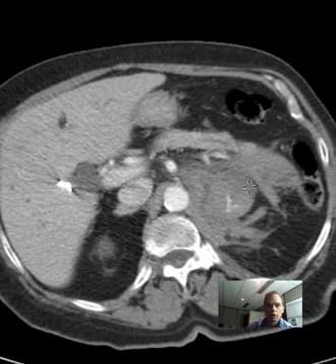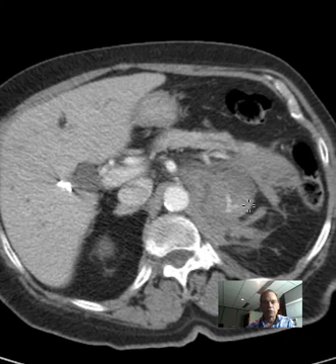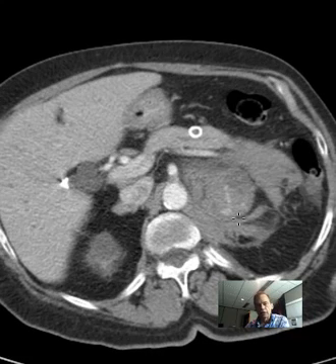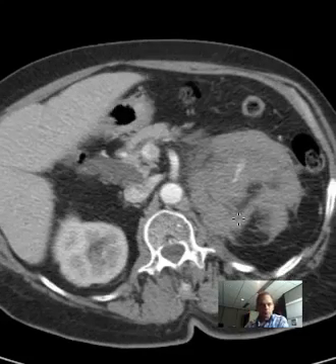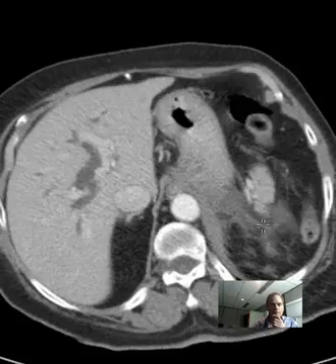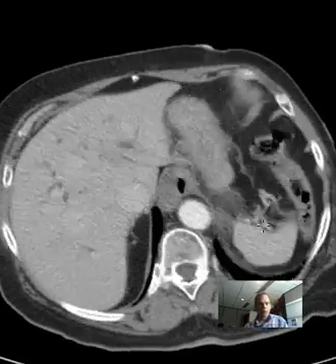It's not just blood. All of this less dense stuff, of course, accumulated before the CT scan and before the IV contrast was injected. But now we see that there is active bleeding, so it's not only a left adrenal hematoma, but there is active bleeding. And here you can see the active bleeding tracking off into different portions of the hematoma.